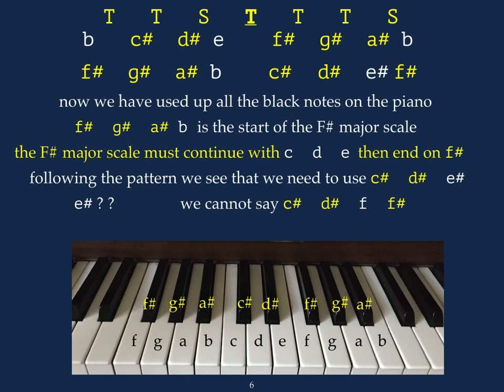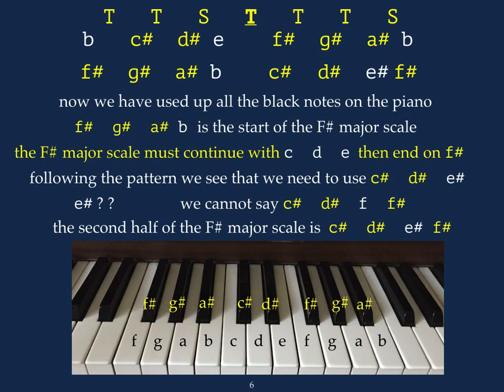We cannot use F twice, with or without a sharp sign, plus there has to be an E of some sort in there. So therefore the second half of the F sharp major scale is C sharp, D sharp, E sharp, F sharp.